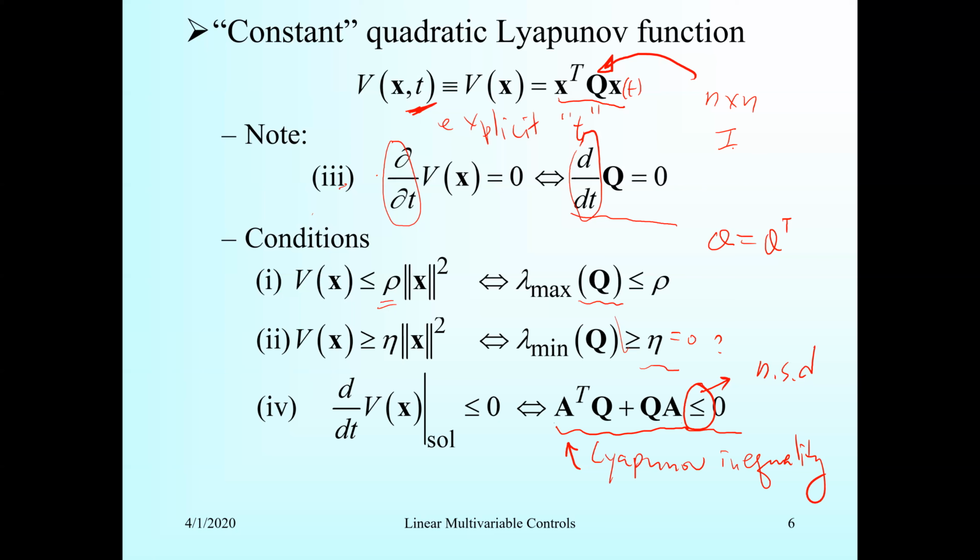So in other words, we probably can find a way to tell if the system is stable by simply checking whether A transpose plus A is NSD, without checking all the eigenvalues.